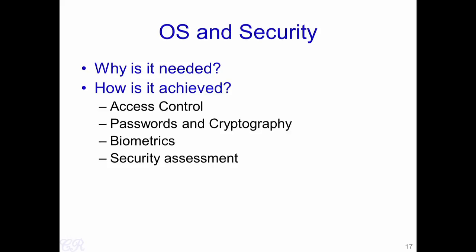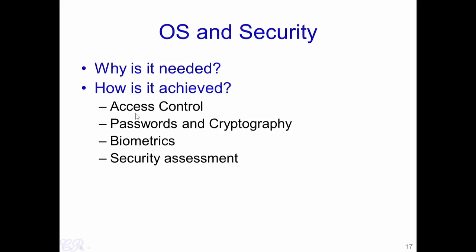So, if for instance, I do not have a user account in a particular server, then the operating system will ensure that I will not be able to log into that particular server, and I will not be able to run any application in that server. So, how is security achieved in the system is by several features that operating systems support.